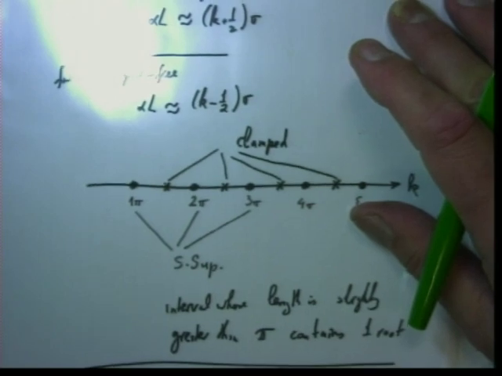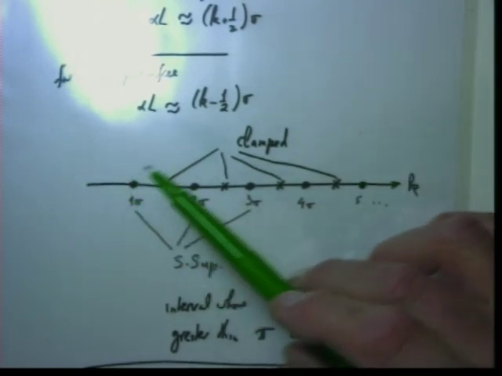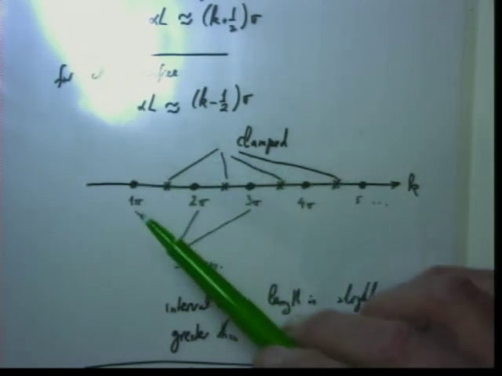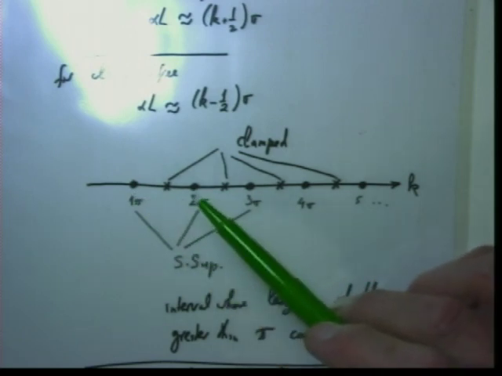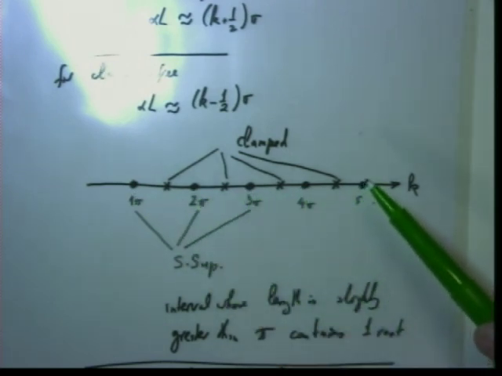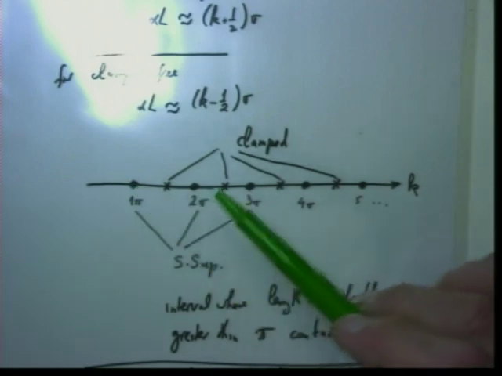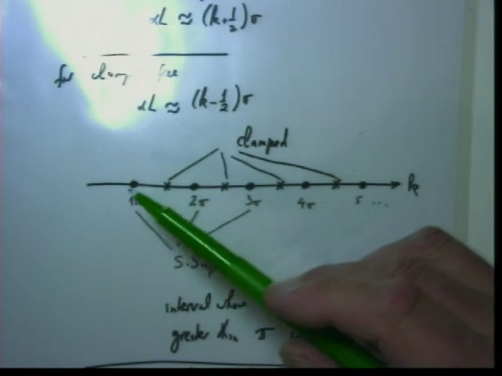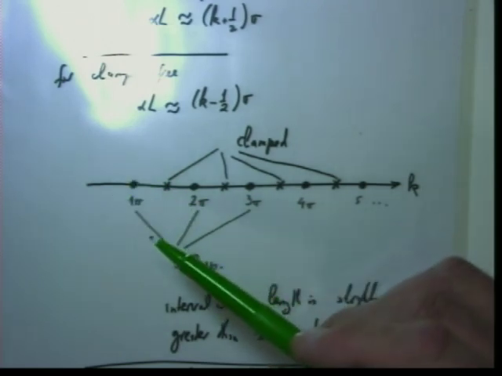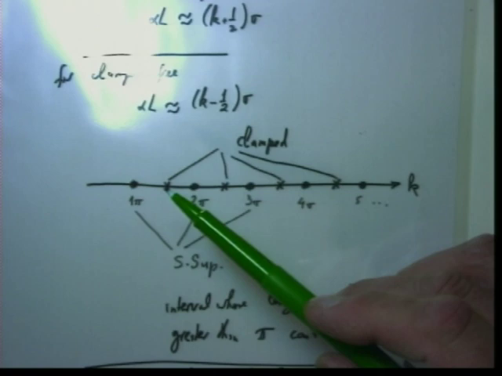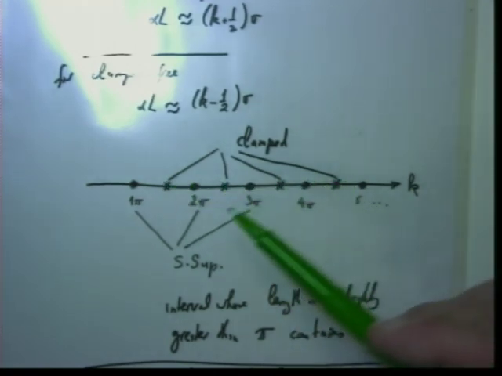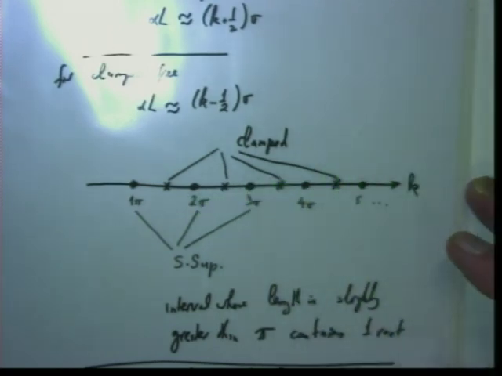So what does that mean? So imagine we have simply supported case. We have just K. So K equals 1, K times pi. 1 pi, 2 pi, 3 pi, 4 pi, 5 pi, etc. These are simply supported frequencies. You may denote them as a big dot. So clamped are stars in between them.